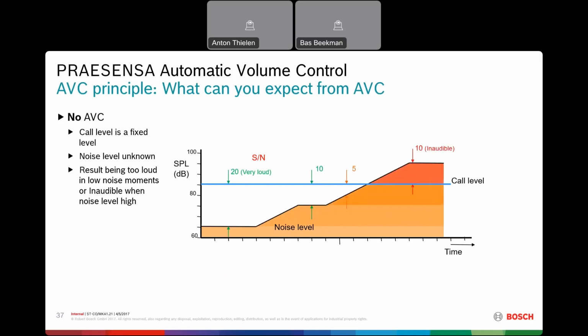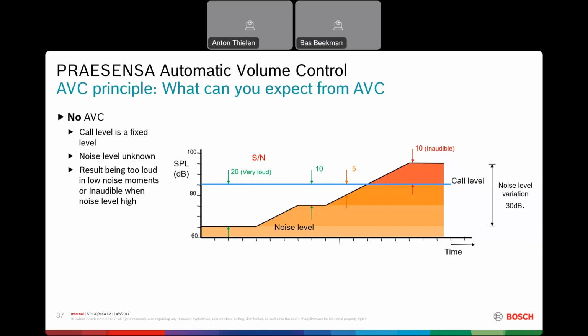When the noise level goes up further, at some stage the call becomes inaudible. Then you cannot do anything: the call level is below the noise level, and you don't hear anything more. So you see an example of a very large noise level variation. Maybe you should think about looking at your acoustics to optimize something.